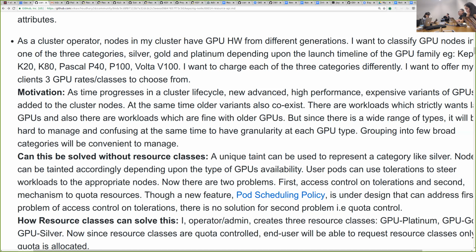For example, for different types of GPUs, as time goes and more types of GPU devices are introduced, it's not very easy to manage all the different types of GPUs. Cluster administrators actually want to group them in a smaller number of categories, and they can hide the underlying configuration details from their end users, which also helps workload portability.